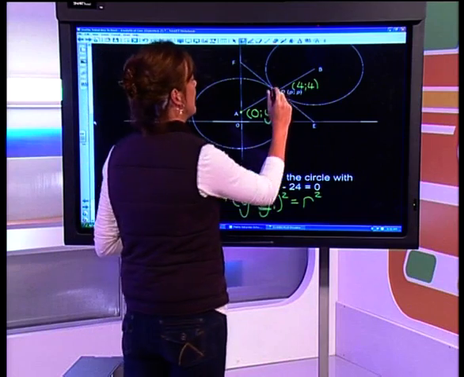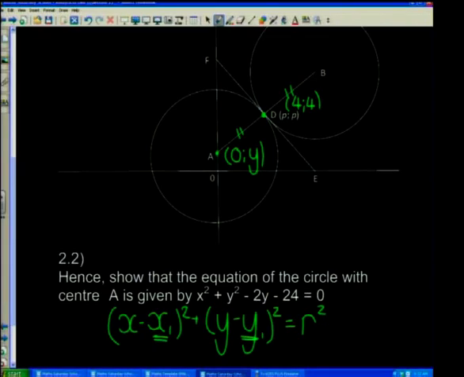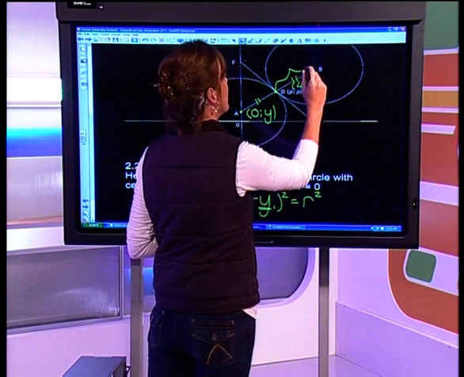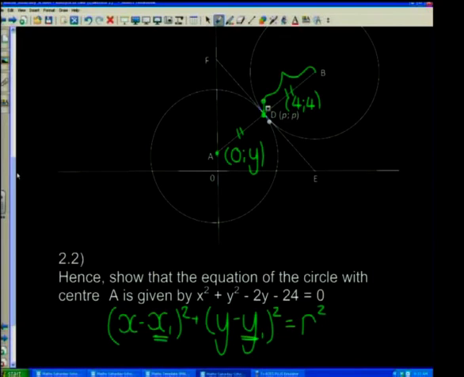We were told earlier that these two lines were equal in distance. So if they're equal in distance, I can work out the distance from D to B, and that would then obviously be the same as my radius from A to D. So let's do that quickly.